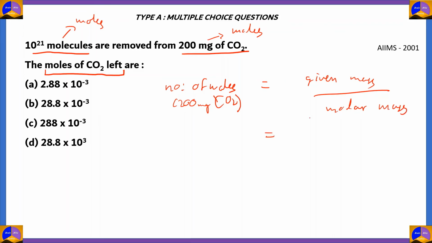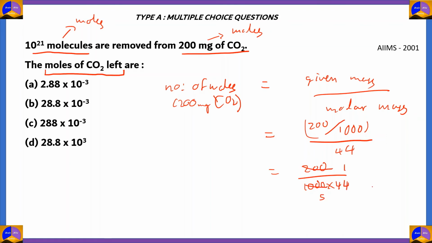That is 200 milligrams, so we have to convert it into grams. 200 divided by 1,000, whole divided by 44, which we'll get as 200 divided by 1,000 into 44. 200 goes into 1,000 5 times, so we'll get 1 by 5 into 44. So 44 times 5 is 220. So 1 by 220. We have to do the division of this.